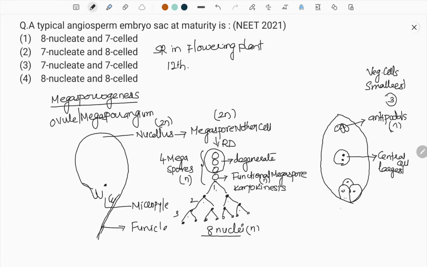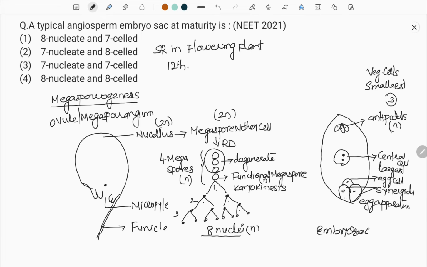And these 3 cells are called the egg apparatus. The egg apparatus contains 3 cells. The larger cell is called the egg cell, that is the real female gamete of the embryosac, and these 2 cells are called synergids. So, the whole structure is called the embryosac.